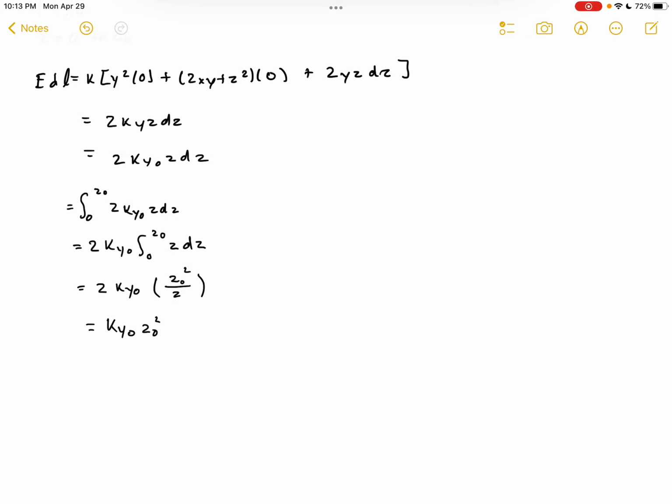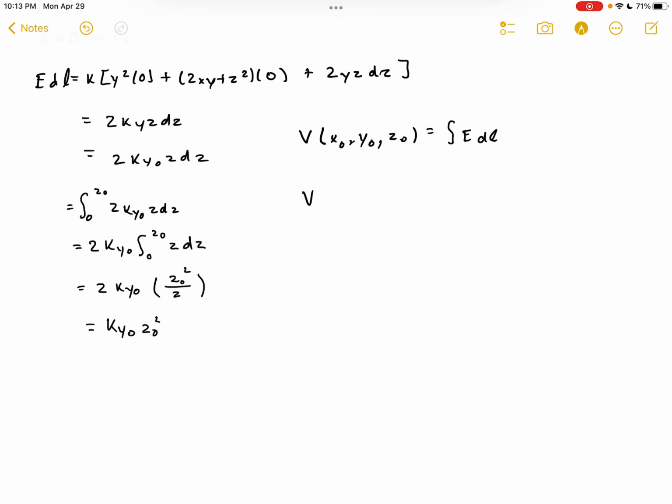So we know the net potential, V of x naught, y naught, z naught, is the integral of E dl.